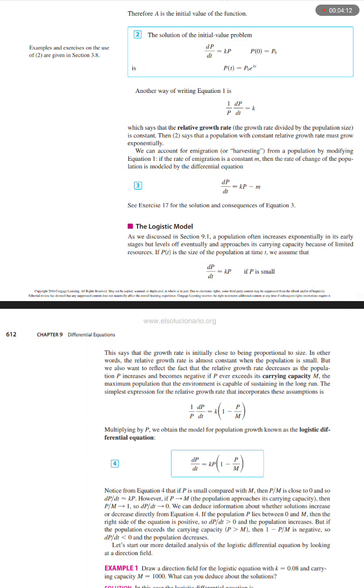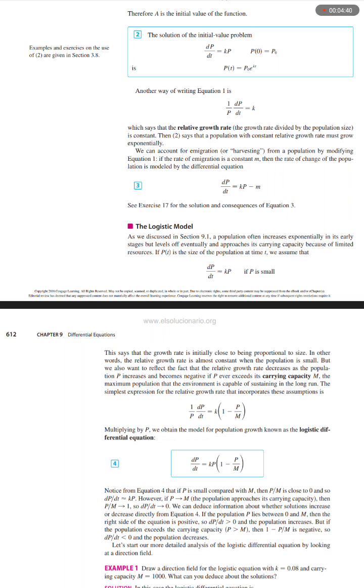The solution of the initial value problem, dP over dt equals kP, and P of 0 equals P sub naught, is P of t equals P sub naught times e to the power kt. That's equation 2.